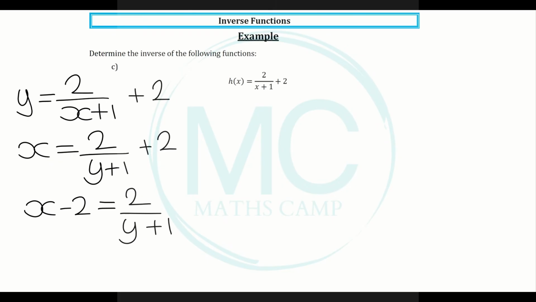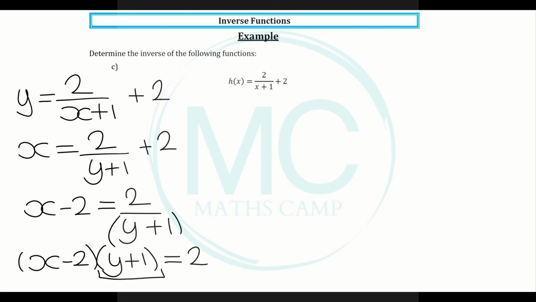To make y the subject, I need to move it out of the denominator of the fraction. So I'm going to multiply both sides by y plus 1. Let's put x minus 2 in a bracket, multiply by y plus 1, is equal to 2. To get y by itself, I now need this bracket by itself. So I need to divide both sides by x minus 2.